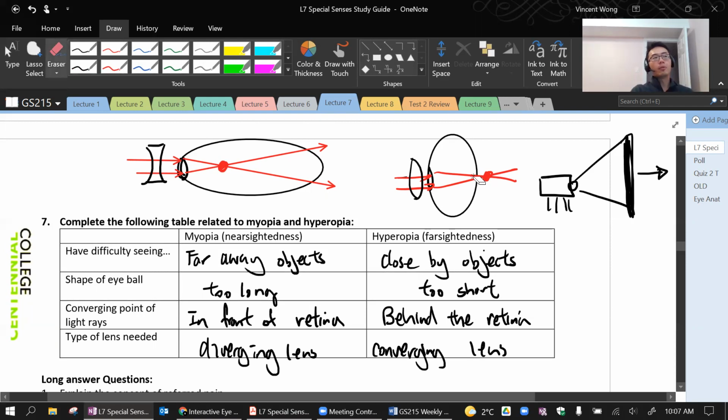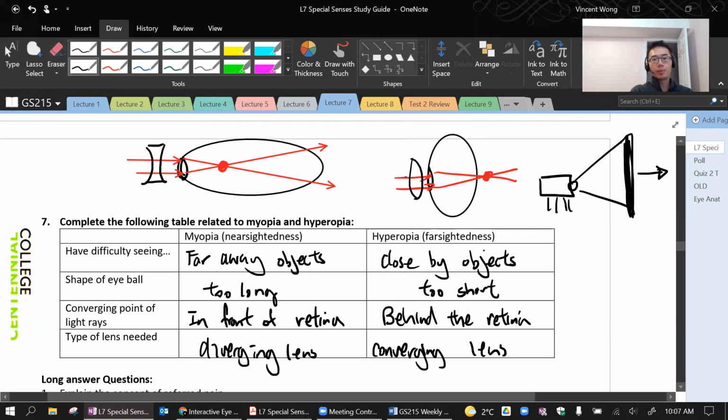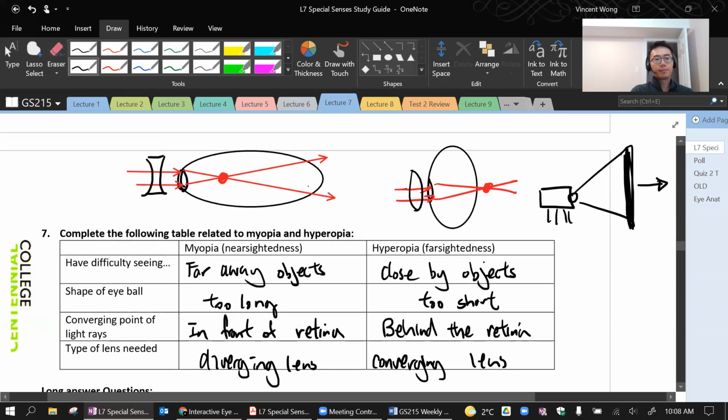So that it will be right on the retina again, okay? Another example of a converging lens is a magnifying glass. So people who have hyperopia, sometimes you can see their eyes are bigger, right? If they wear the converging lens, because it's just like a magnifying glass. Okay.